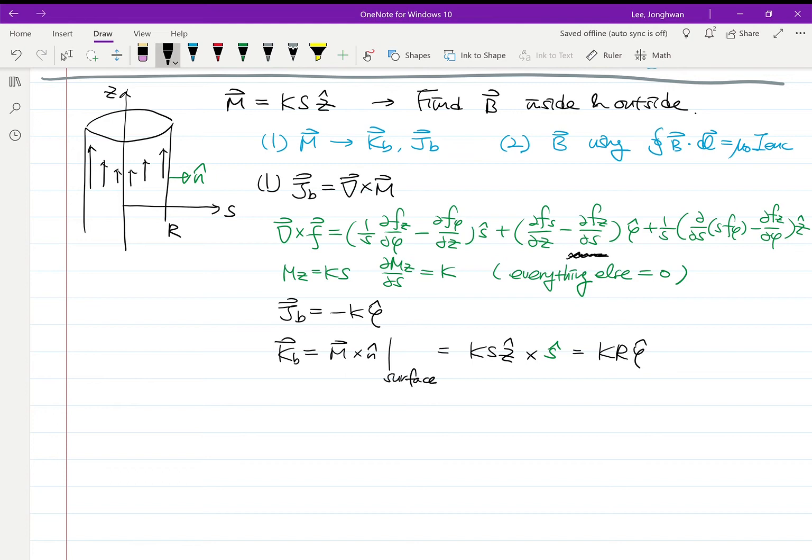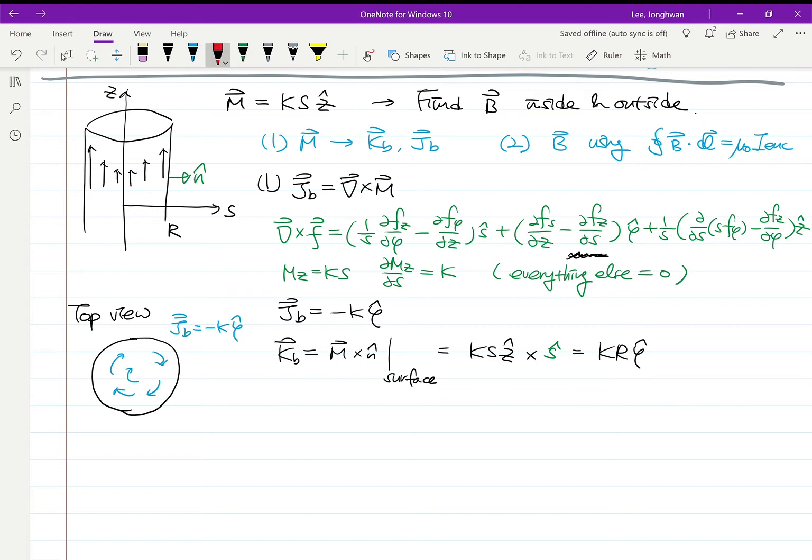So if you look at the top view, we have a circular cross section of the cylinder, and inside the cylinder, J_b is rotating in the minus k phi-hat direction.